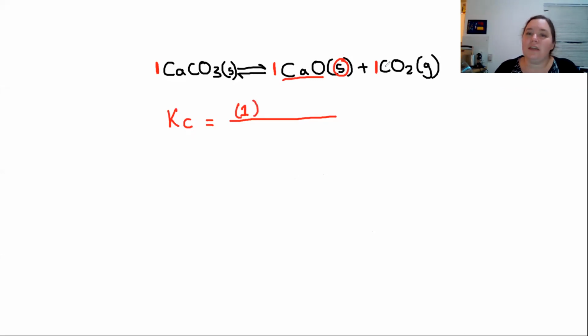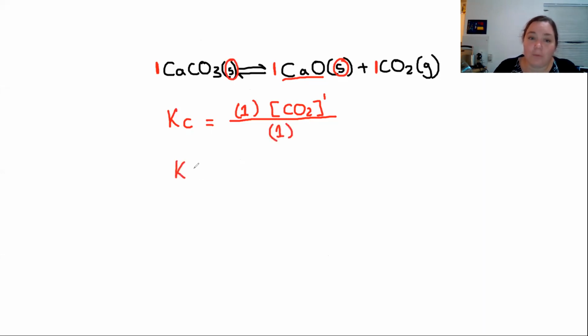Then I move on to the next bit, which is carbon dioxide. It's a gas, so I can write square brackets CO2. Happy with that? Okay. And it's to the power of 1, which you can write in for now, but we're going to simplify just now. Then we go over starting materials, but be careful. That is a solid. So we just put in a 1.